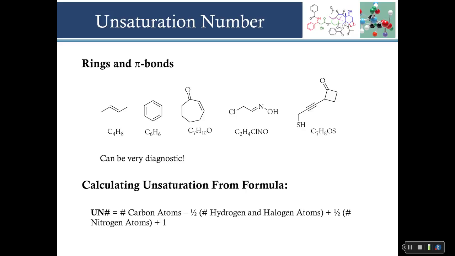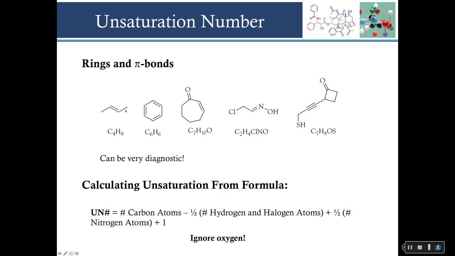So you count hydrogens, chlorines, fluorines, bromines the same. And if you have a nitrogen, you add half of the number of nitrogen atoms. And at the very end, after all that, you get to add one more, just because we like to add one in spectroscopy. But you get to ignore oxygen.